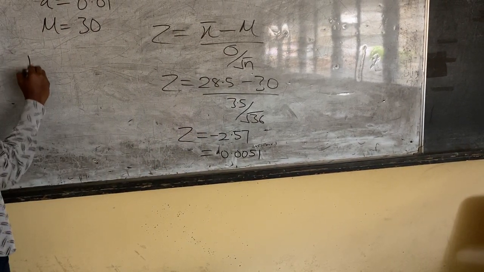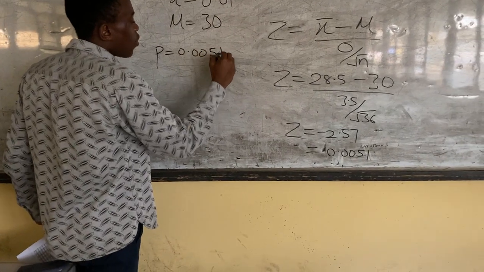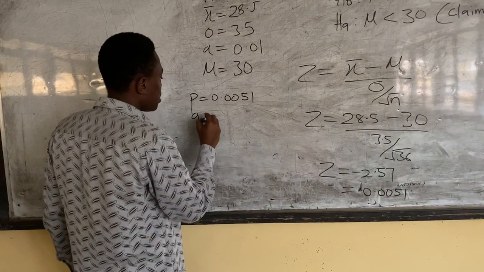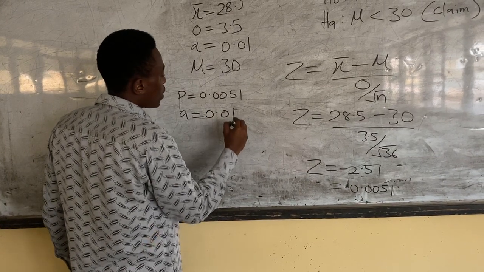So our p is 0.0051, and our alpha is 0.01.